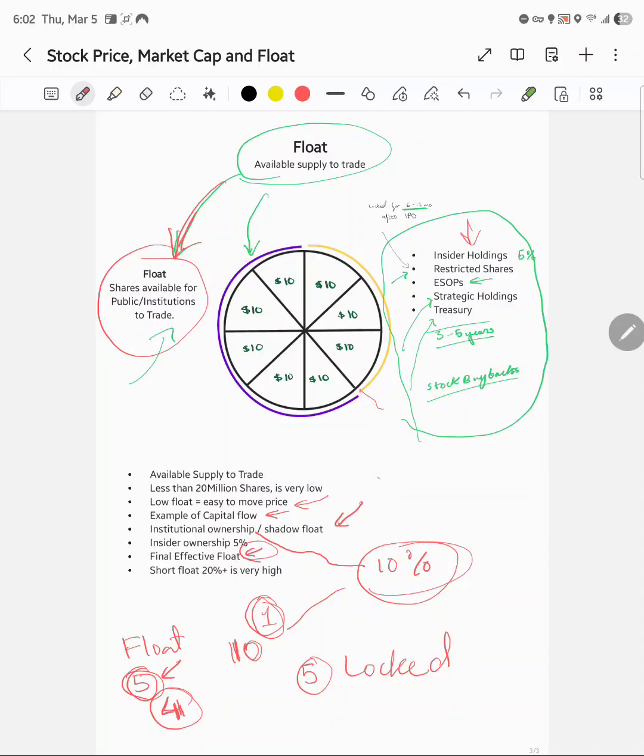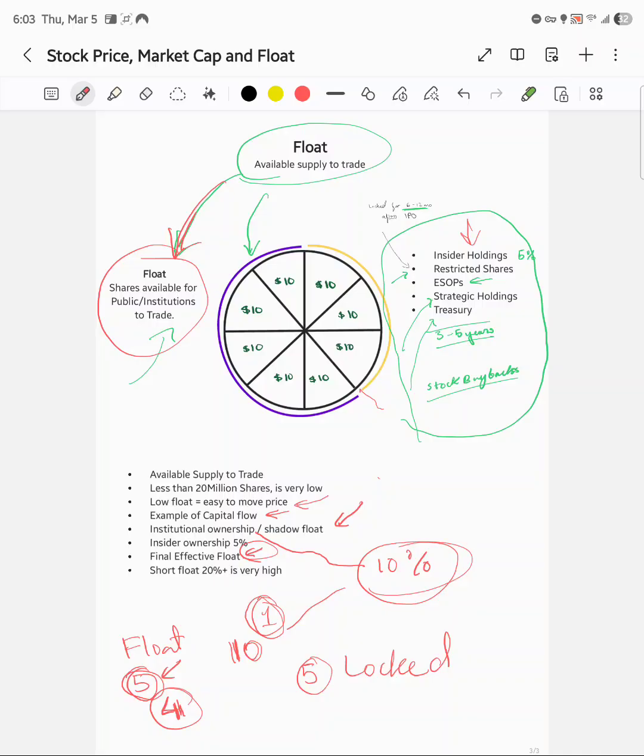That means we just assume that institutional ownership is not really available readily for the public to trade on a daily basis unless the institutions really have a reason to sell, especially pension funds and long-term institutions. So that is one more thing to keep in mind.